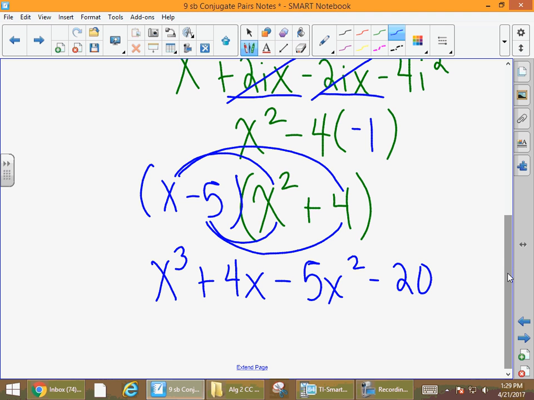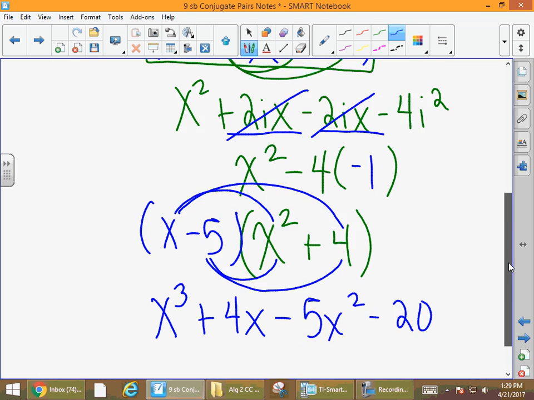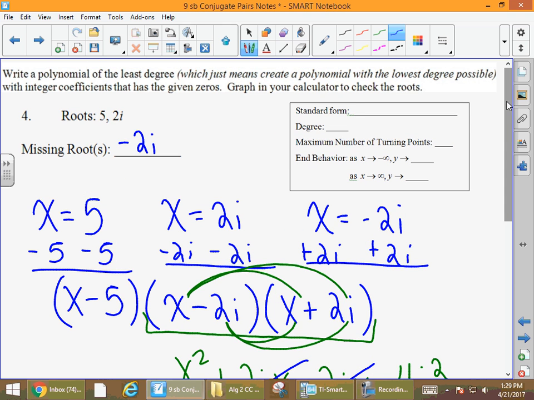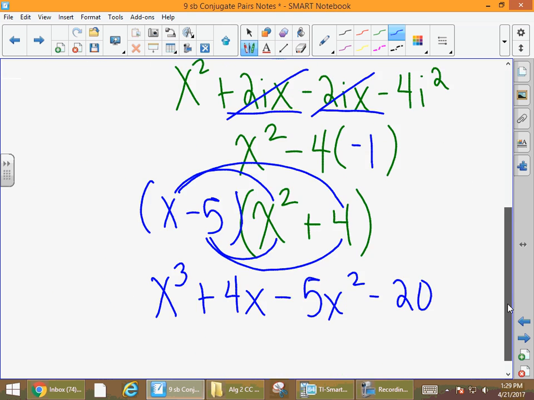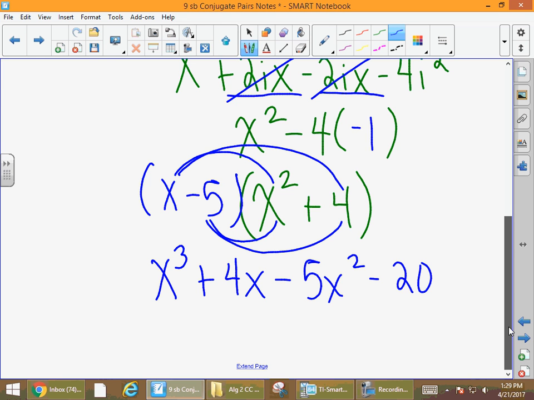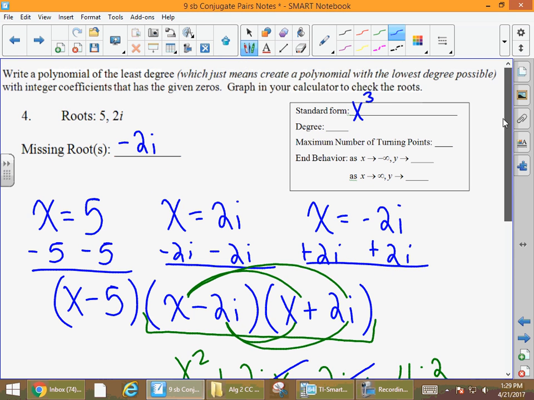Now, it's not in standard form, but we can put it in standard form when we write it up here. X cubed is our highest degree term. And then it's going to be minus 5x squared. That's our next highest exponent.